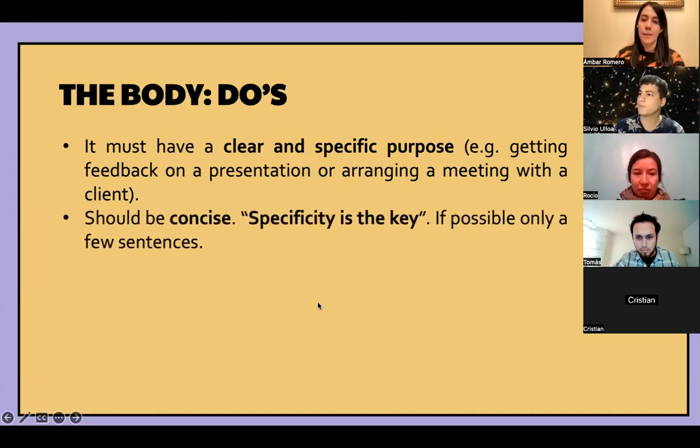Tomás. Yes. Can you please read the second one? The second do? Should be concise. Specificity is the key. If possible, only a few sentences. It depends on the email, of course. It depends.